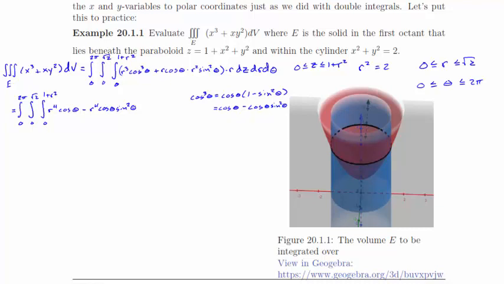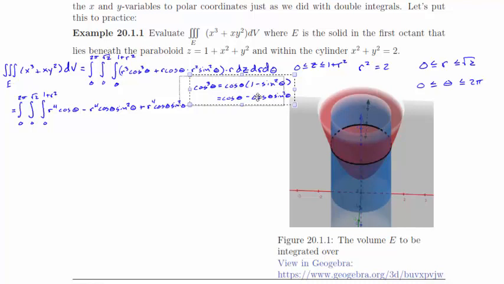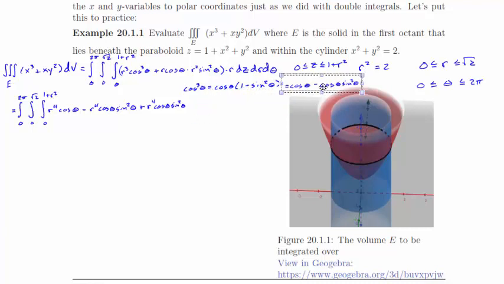And then we have plus r to the 4th cosine of theta sine squared of theta, and then we have dz dr d theta. But this is nice because now these cancel.